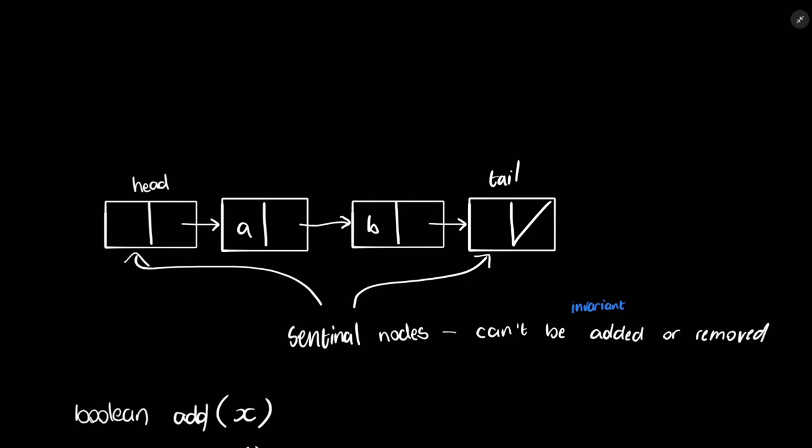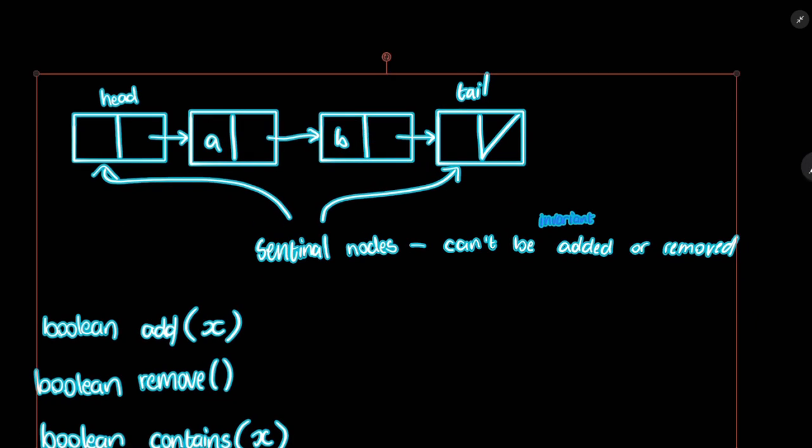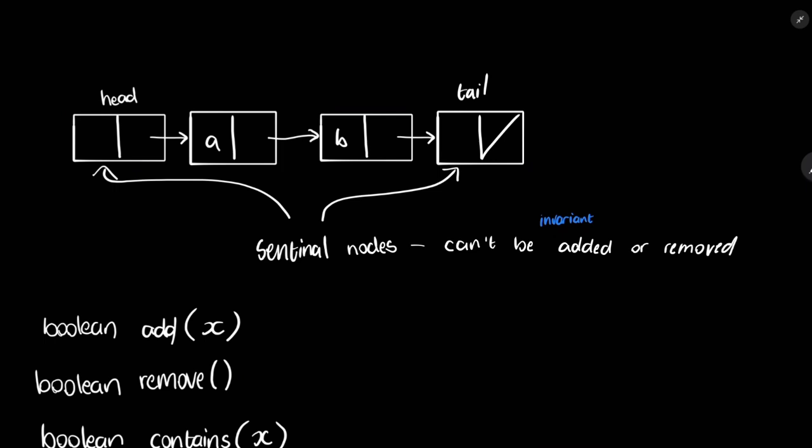But yeah, so these are the functions that we actually want to define for the linked list across different implementations of synchronization: boolean add, boolean remove, and boolean contains.